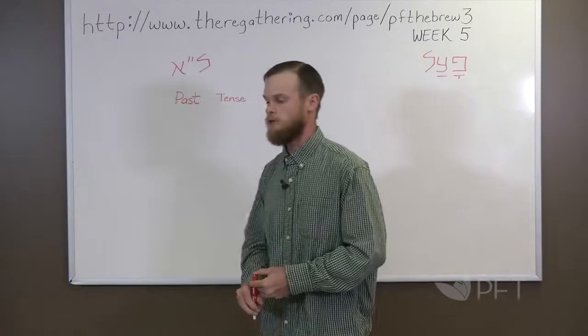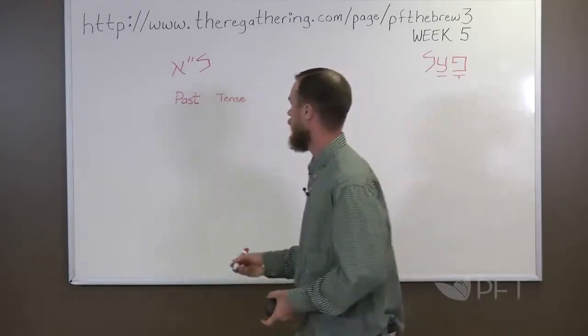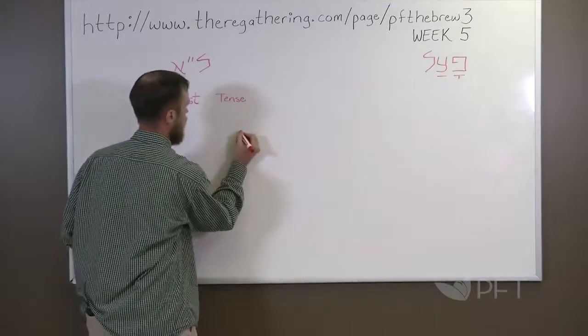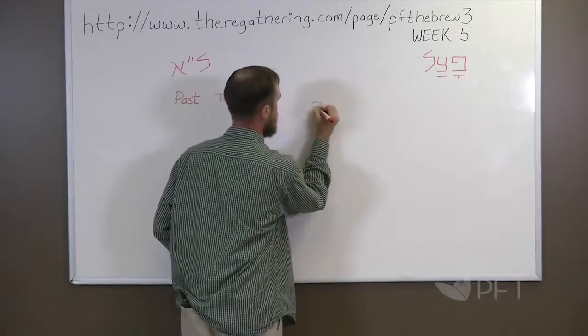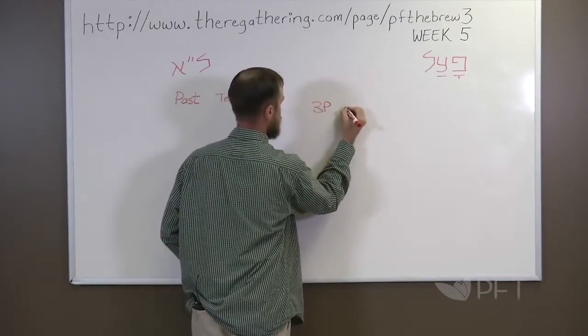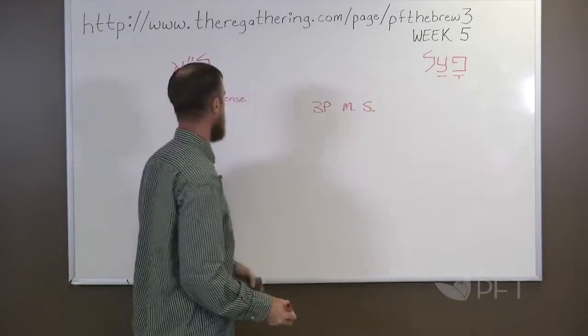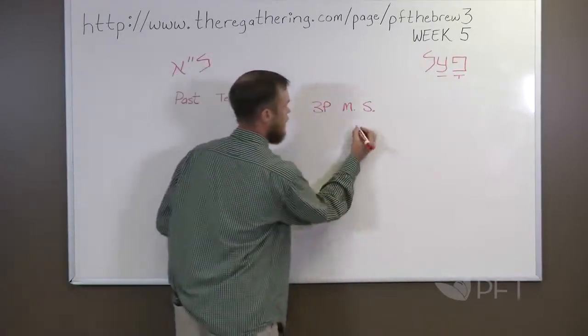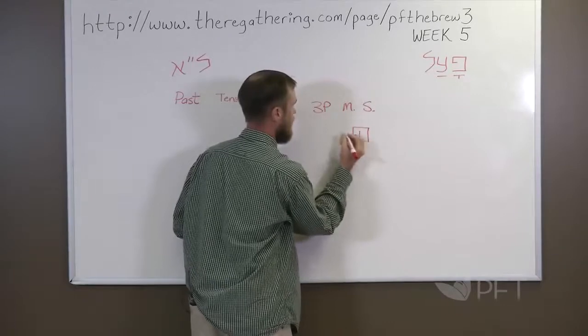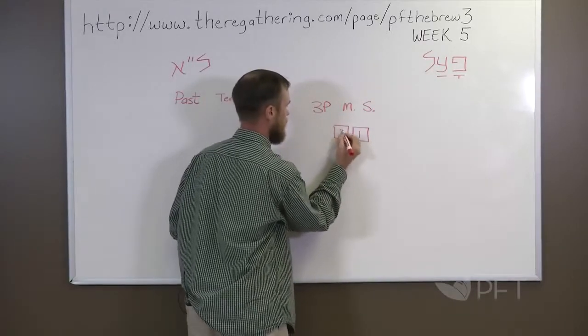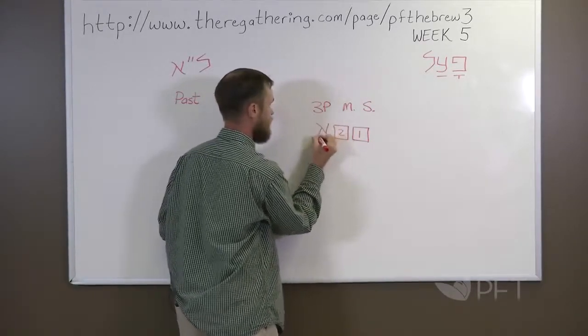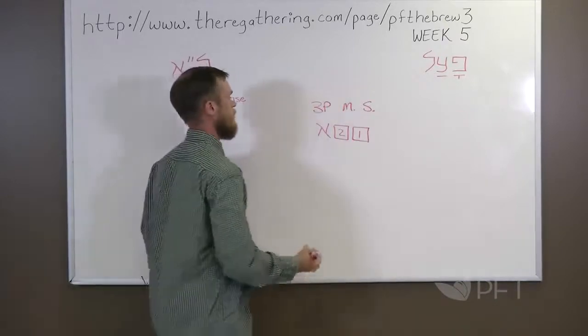The main vowel change in the past tense, you'll notice that in the third person, masculine, singular, and again, this is the past tense, I've got listed first radical, second radical, and aleph is our third radical.